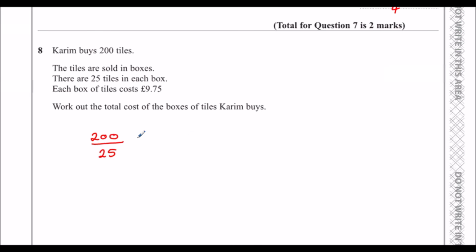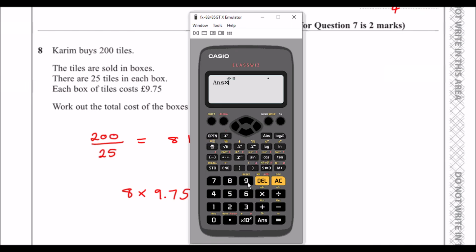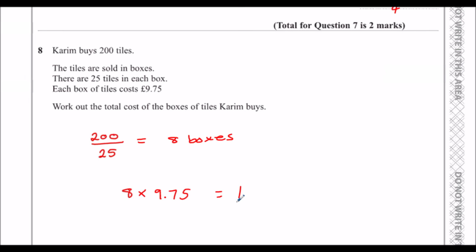That's 8. So there must be 8 boxes of tiles. 8 boxes of tiles with 25 tiles in each make 200 tiles. Each box costs £9.75. So 8 lots of £9.75 is 78. So there's our answer, £78.